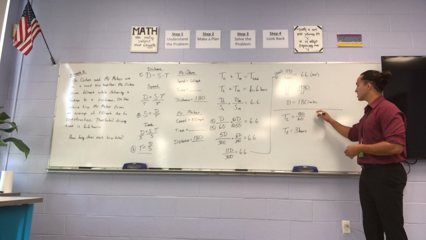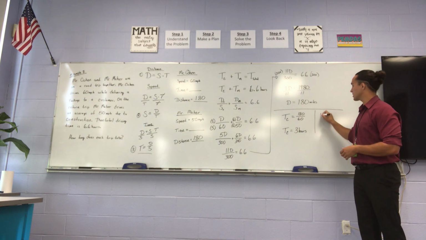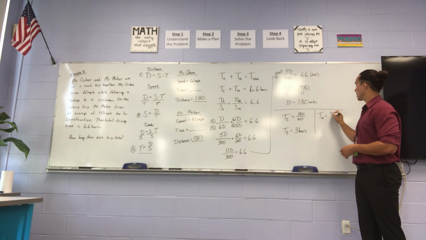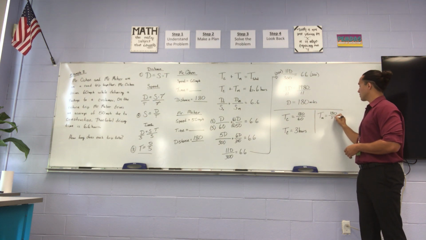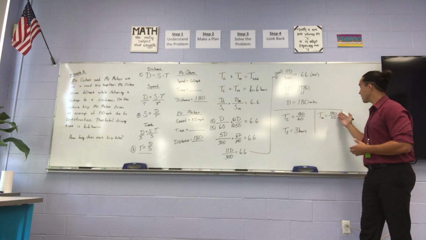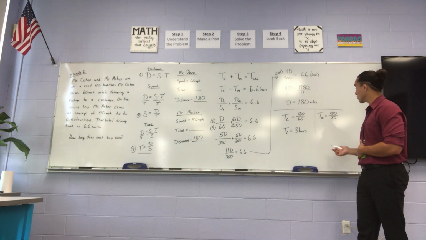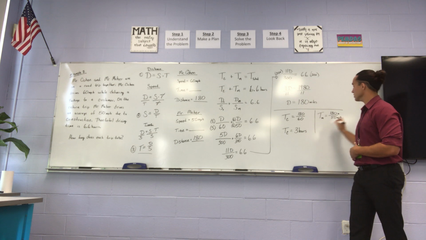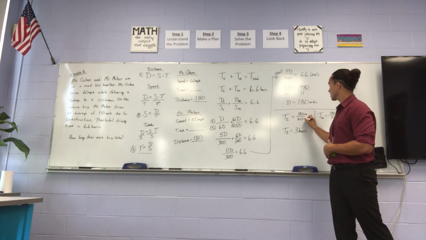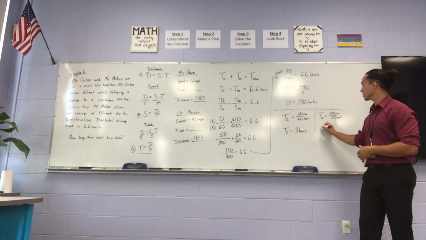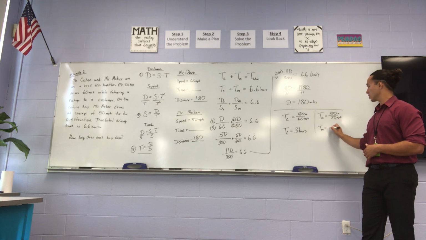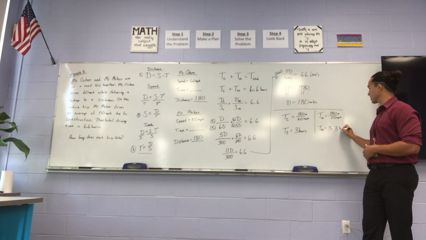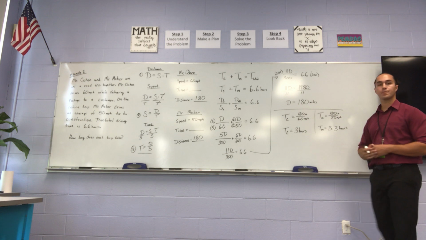Now we can use this the same way and say that the time for Mr. Marr is equal to 180 miles over 50 miles per hour. This is miles per hour. And we can conclude that Mr. Marr took a total of 3.6 hours.